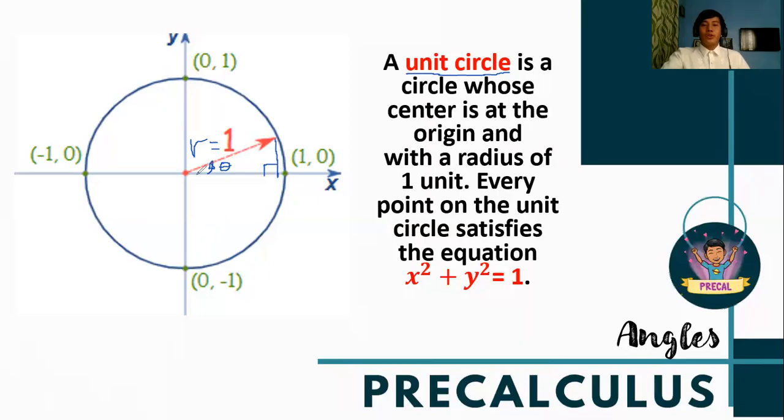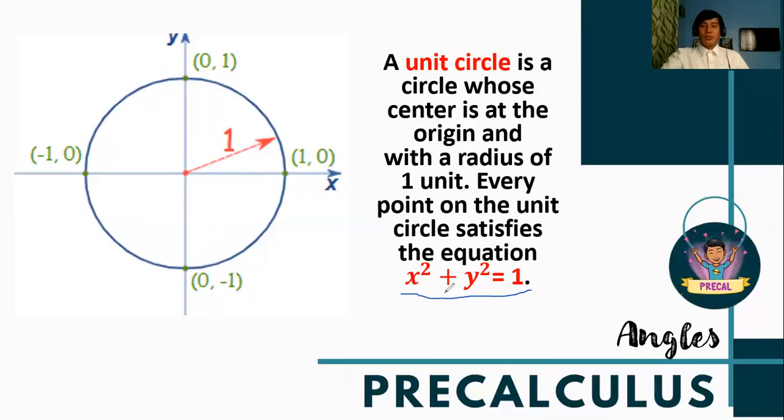So therefore, going back to the standard equation of a circle, x squared plus y squared is equal to r squared, that will become x squared plus y squared is equal to 1 squared. Simplifying 1 squared, we will have 1. So therefore, the standard equation of a unit circle is x squared plus y squared is equal to 1.